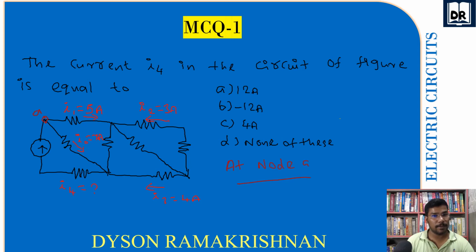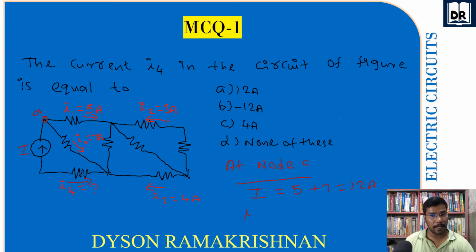For example, this is one entering current, which we can call I, and there are two leaving currents, one is I1 and another one is I0. So I1 value is 5 ampere and I0 value is 7 ampere, so I value is totally 12 ampere. But they asked for I4. The direction of I4 is this, which is opposite to the direction of I.